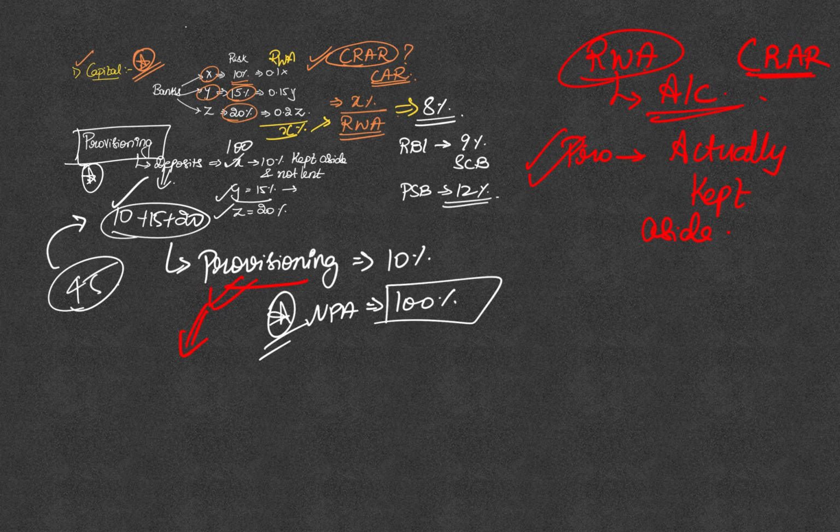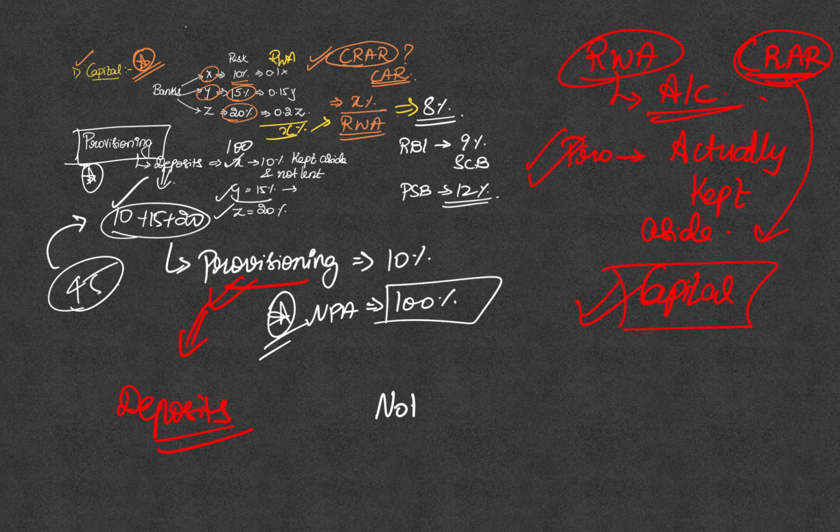Provisioning is actually the amount taken from deposits. It is actually kept aside. But CRAR is a concept mandated by RBI to maintain as capital to at least carry out new business.